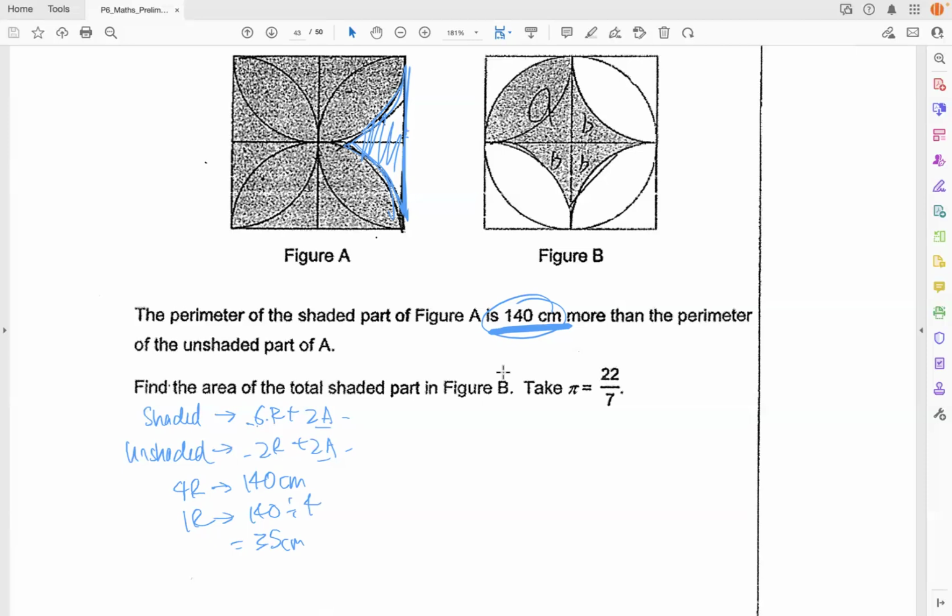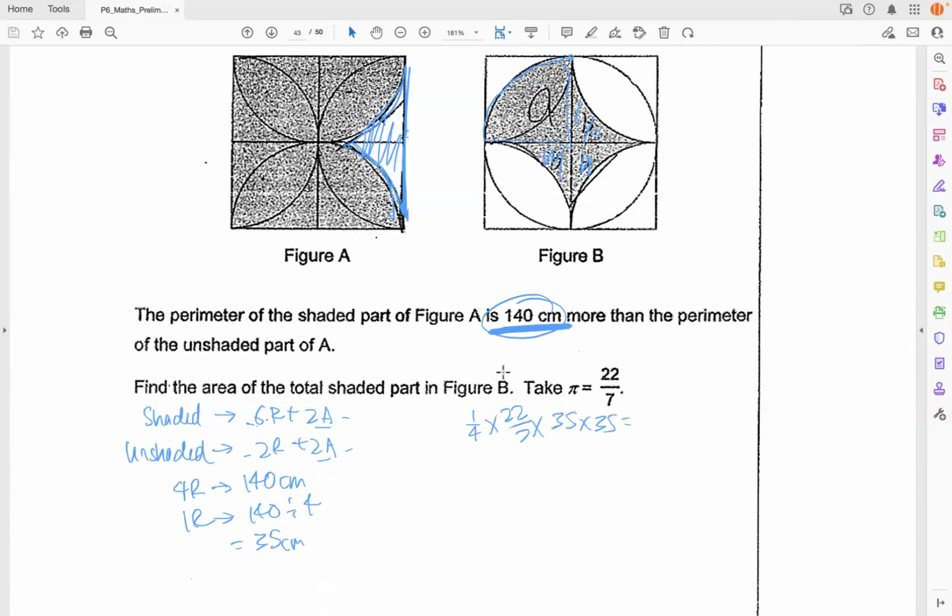So when we look at figure B, which is this one, the shaded part consists of a quadrant and 3 boomerang. 1, 2, 3. Okay. So let's find the area of a quadrant. So area of quadrant will be 1/4 multiplied by pi times radius times radius.